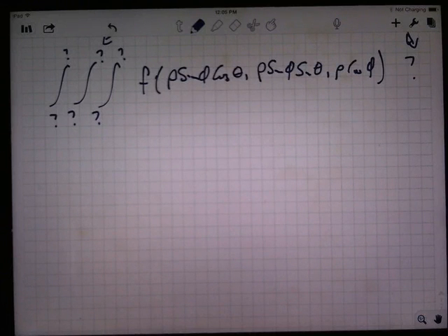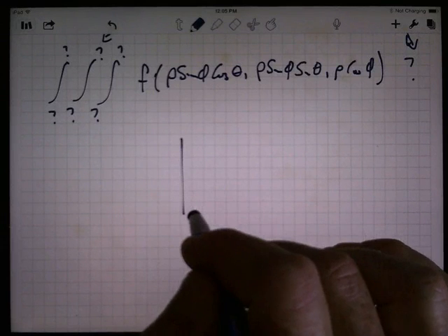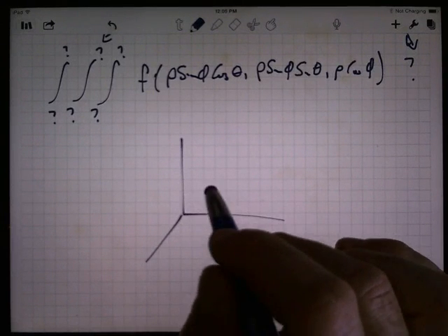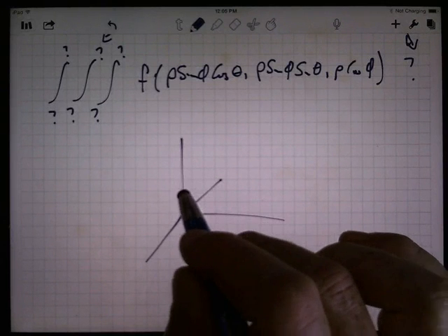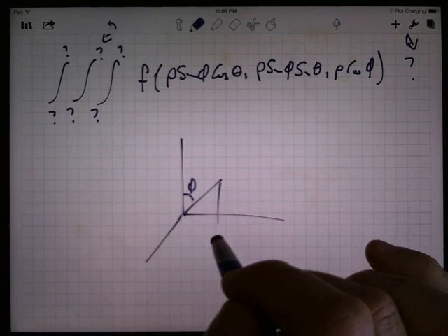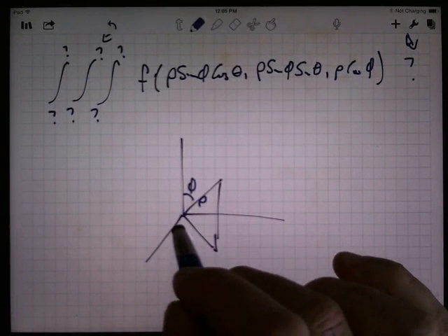Hopefully the picture that you just saw is going to get you through my drawing here, because my drawing is never as good as that. So I'm starting off at a point out here in space. I've got some fixed phi already, some value of rho, and some value of theta here.